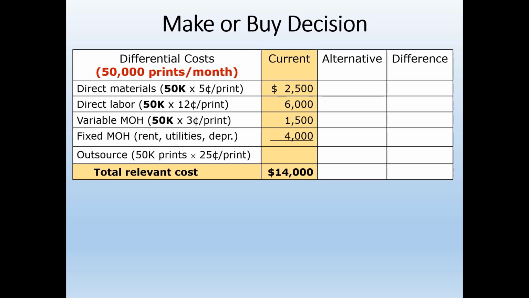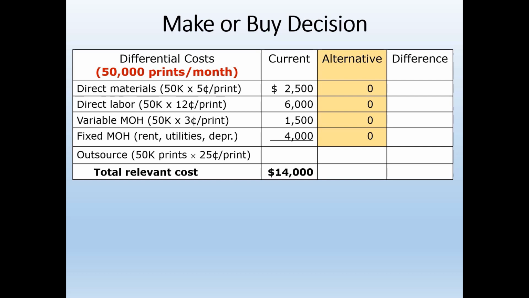Its variable manufacturing overhead would be 3 cents per print times the 50,000 prints. Its fixed manufacturing overhead would be the rent, the utilities, and the depreciation, which adds up to $4,000, for a total of $14,000 of manufacturing costs.